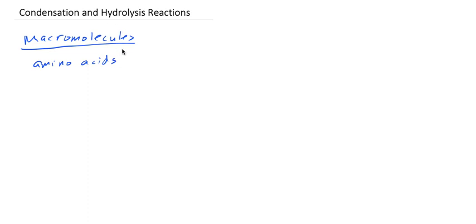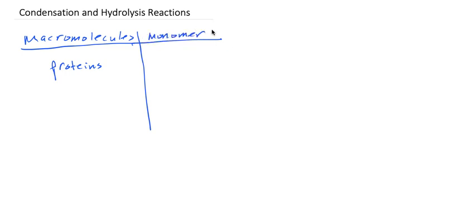Let me back up. The macromolecules we had were proteins, and we said our macromolecules were made up of monomer units. For proteins, we know that's amino acids.